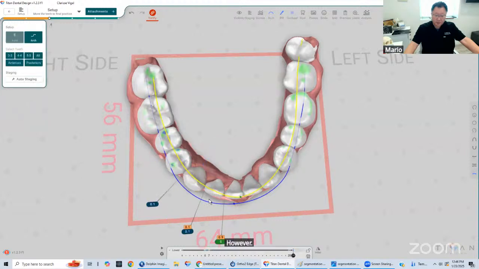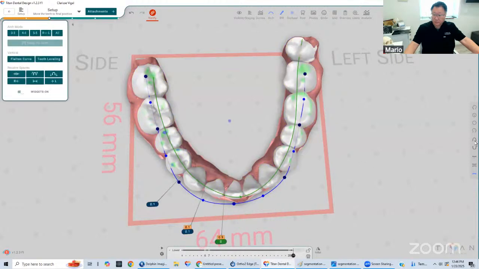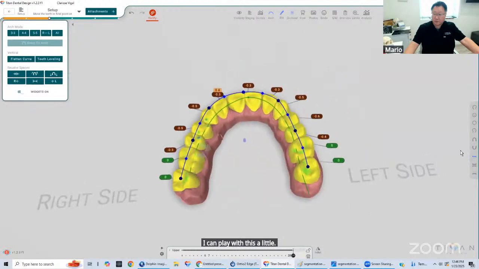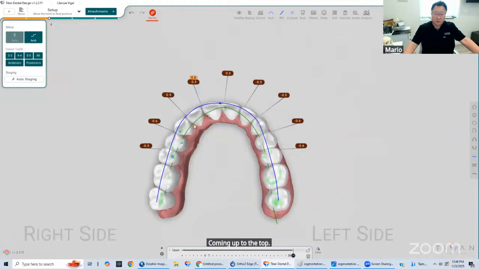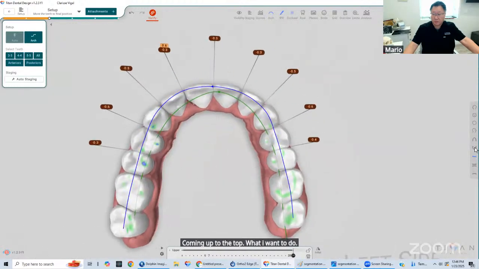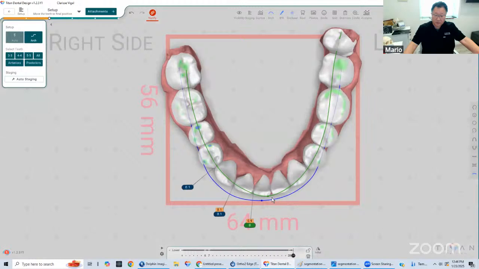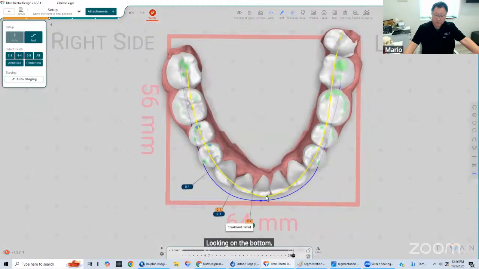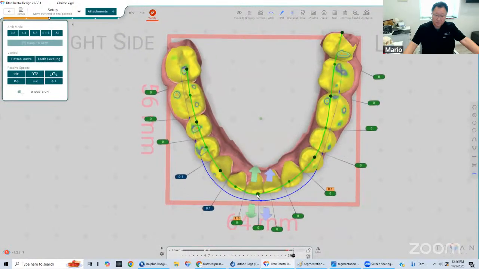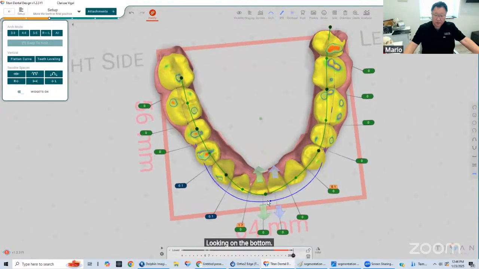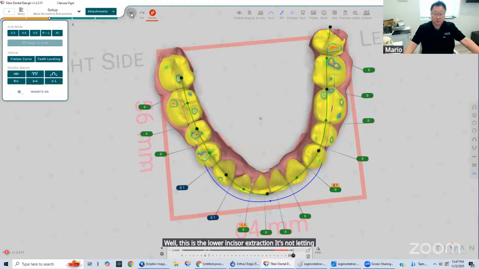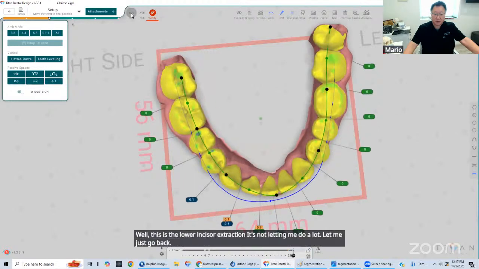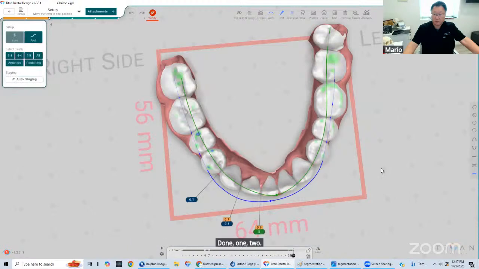I can play with this a little. Coming up to the top, what I want to do, looking on the bottom. Well, this is the lower incisor extraction, so it's not letting me do a lot. Let me just go back. Don't want to mess this up.